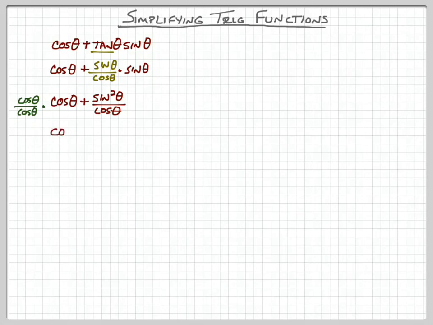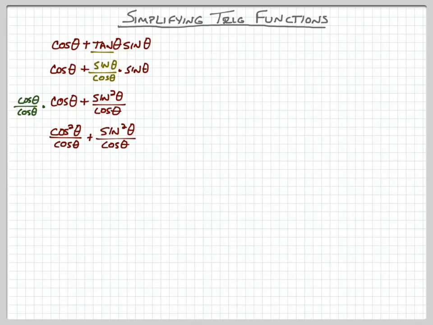When we do that, we'll get cosine squared theta over cosine theta plus sine squared theta over cosine theta. Just to reiterate, the reason I chose cosine over cosine is because cosine was in the denominator of the sine squared term. That's a good reason to choose the function that you're going to multiply one of your terms by.